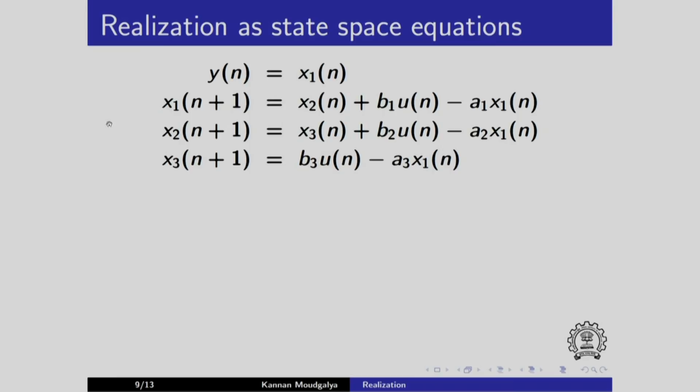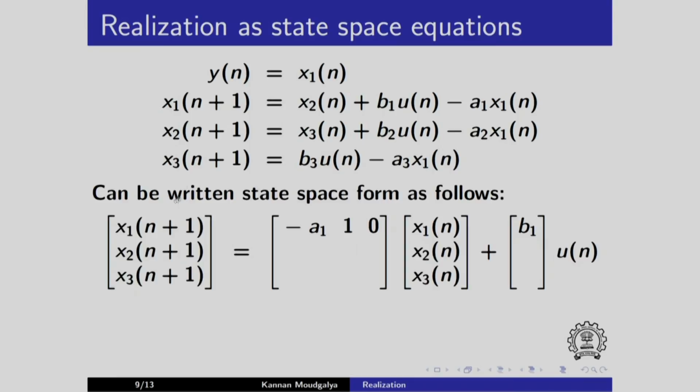Now we will write this in matrix form as follows. So there are 3 states x1, x2, x3. We will put them as components in this state vector. I have the same state vector at time instant n, and I have this input u of n.